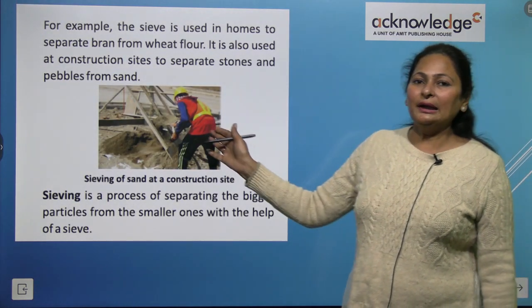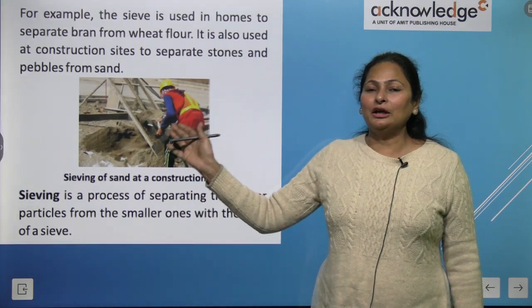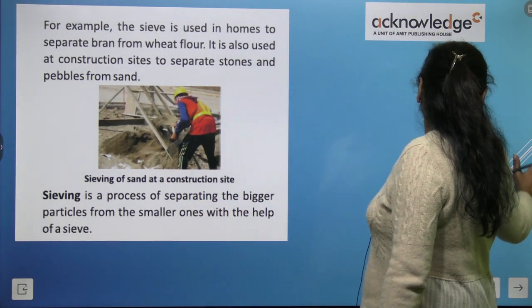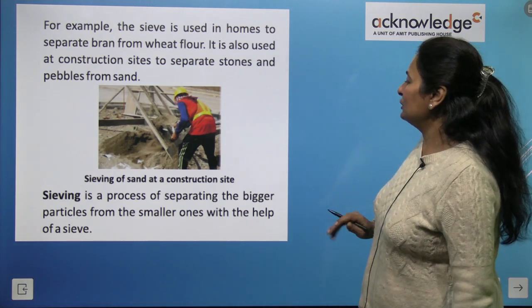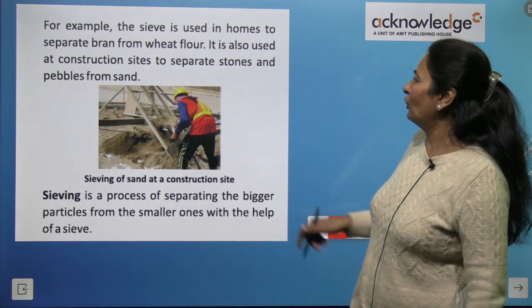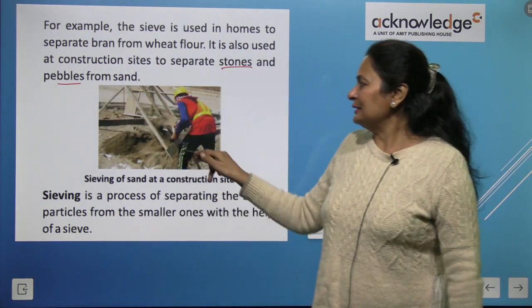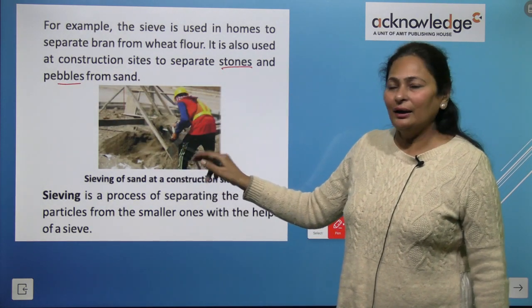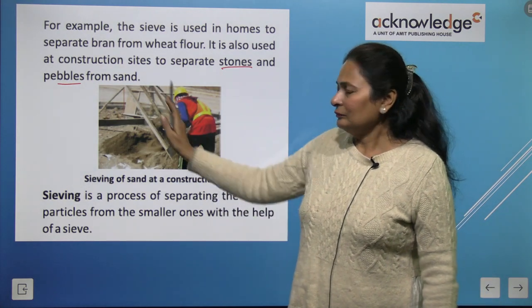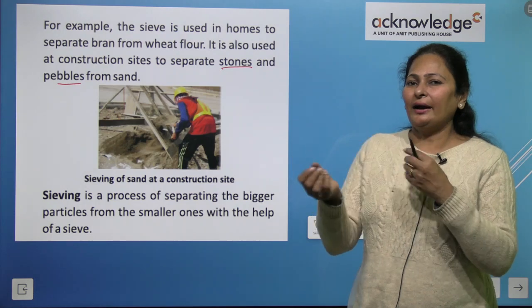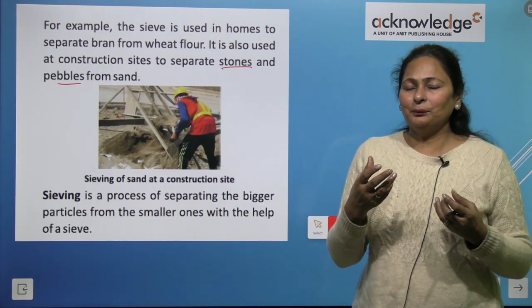Not only at homes, sieves are also used at construction sites. How? They separate the stones and pebbles from the sand, right? Here you can see a big sieve. A person is throwing sand mixed with impurities, stones, pebbles, and other impurities.